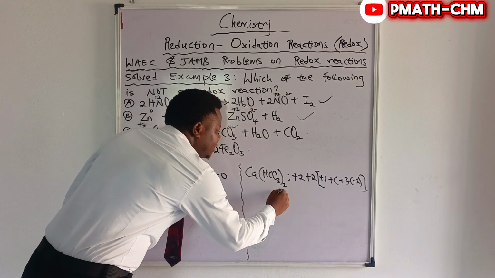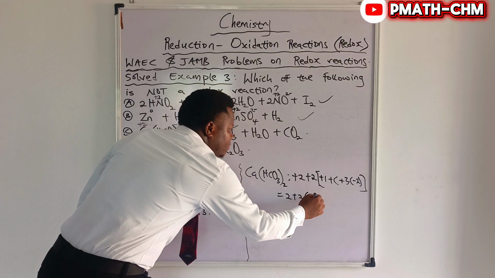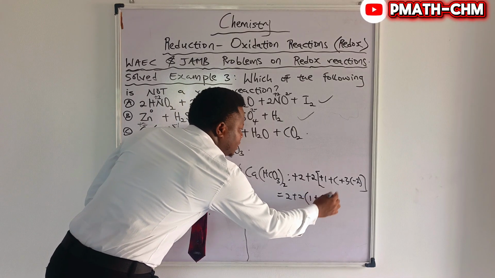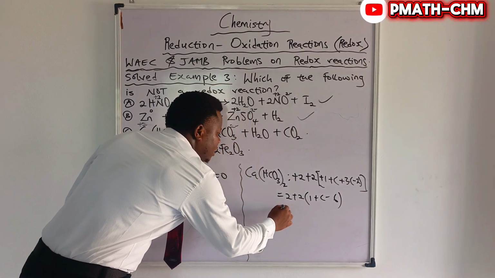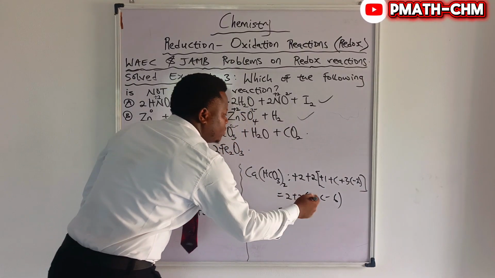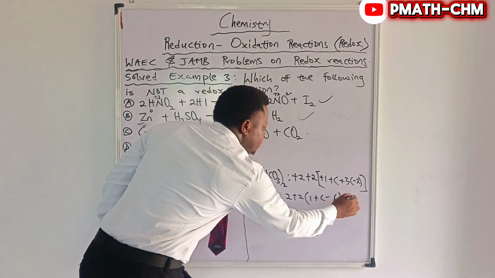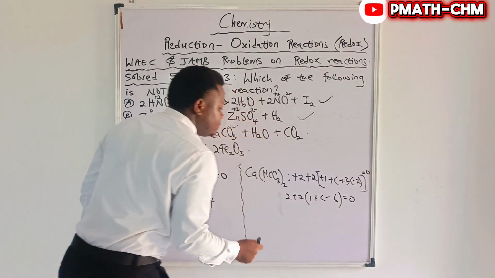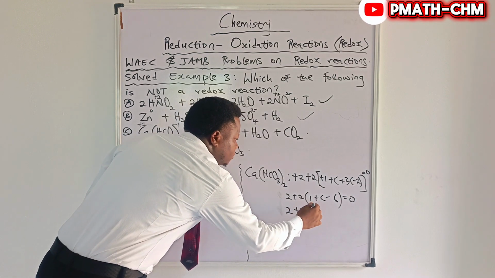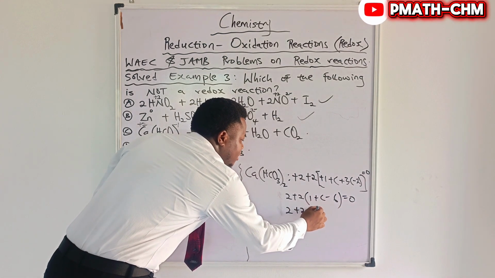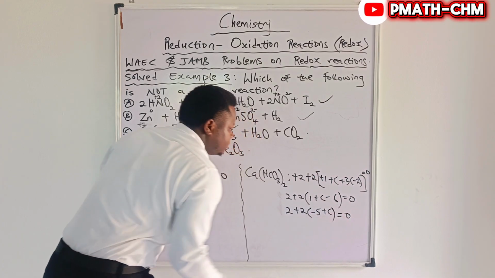This would be equal to 2 plus 2 into 1, then plus C, plus 3 times minus 2, which is minus 6. Remember, you are equating all of this to 0. So we have 2 plus 2 into 1 minus 6, which will give you minus 5, plus C, equal to 0.